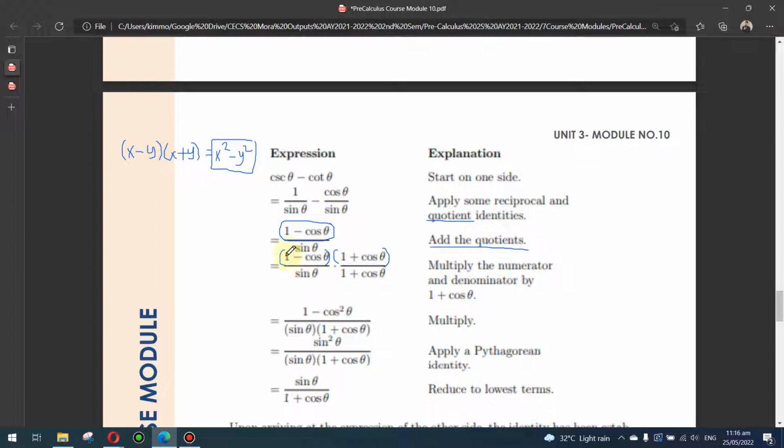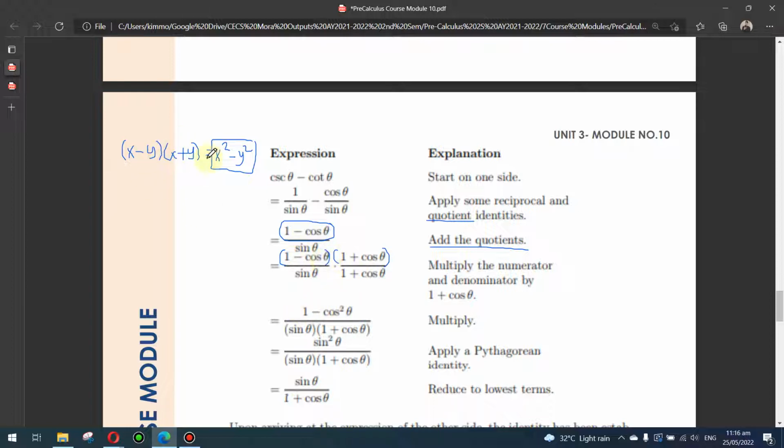Here x is 1, so 1 squared is still 1, minus y, which is cosine, cosine squared. So, our numerator becomes 1 minus cosine squared.